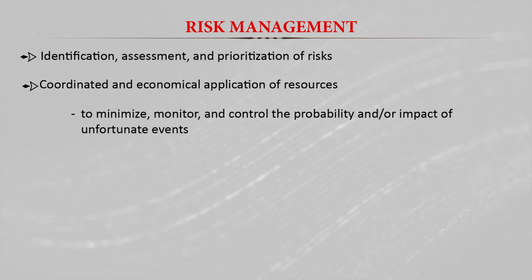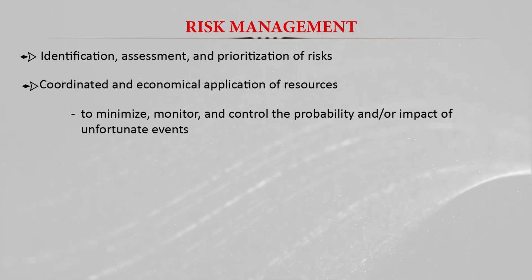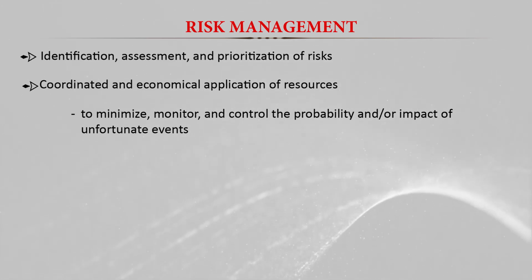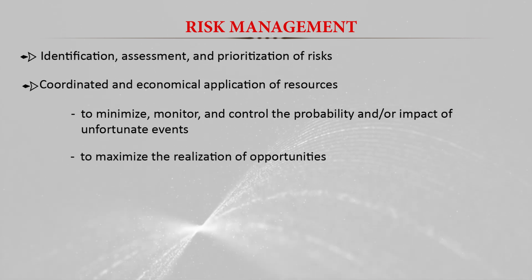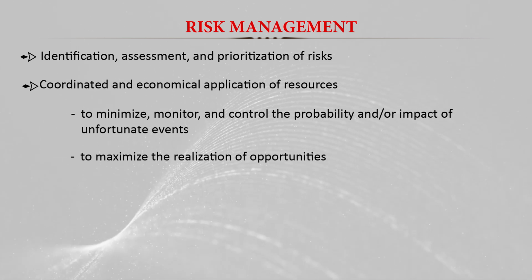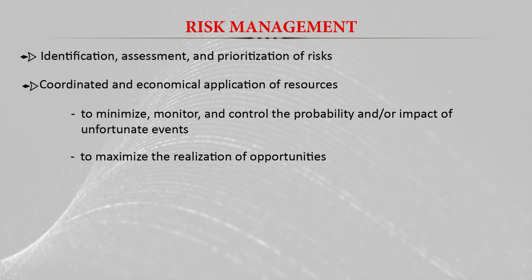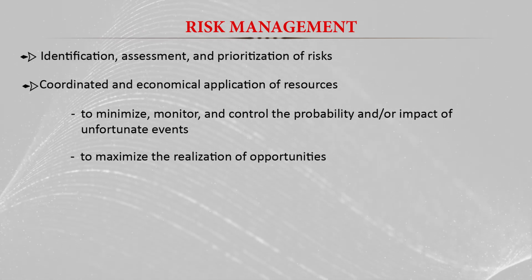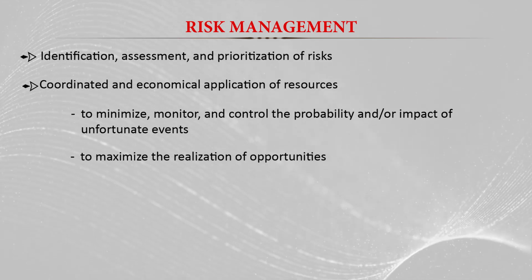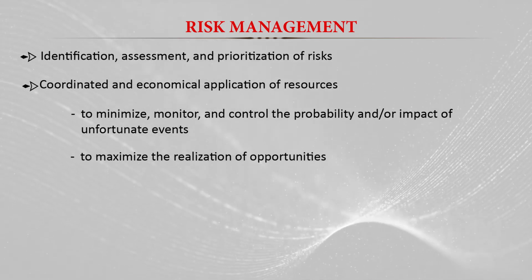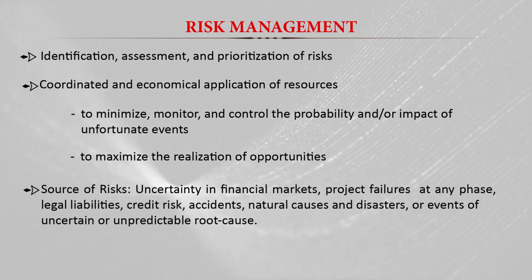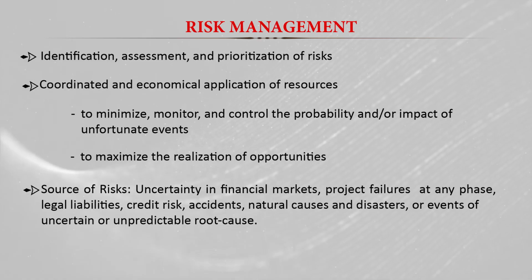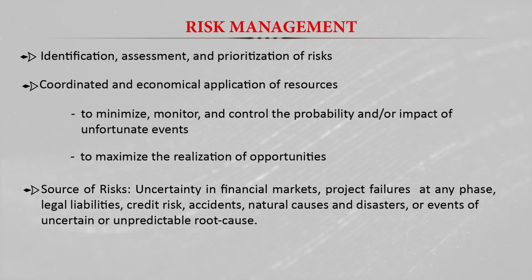So we need to develop this strategy to minimize the risk in the project activity. And our purpose is to maximize the realization of the opportunity or objectives or intended goal. So for that purpose we need to have a risk management strategy. This risk management strategy should be clearly defined in the terms of reference of the project. And there may be different types of risk in the project activity based on the nature of the project. We can say there are different sources.